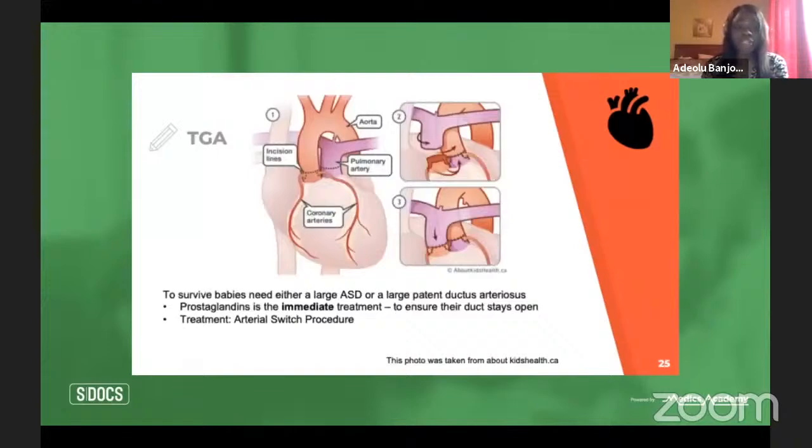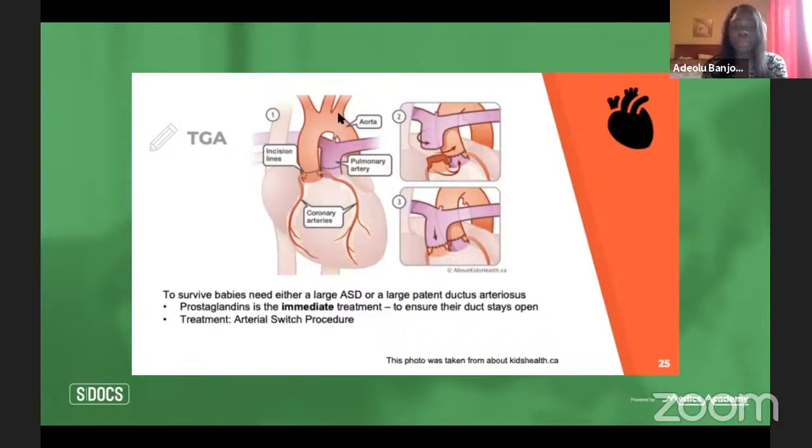In order to manage a baby with a transposition of the great arteries, for them to even survive before you intervene, they usually have a large ASD or a patent ductus arteriosus. So just in case, the immediate treatment for any baby diagnosed with a TGA is to give them prostaglandins to make sure that their duct stays open, because that duct is the only thing that's causing oxygenated blood to get to their body.